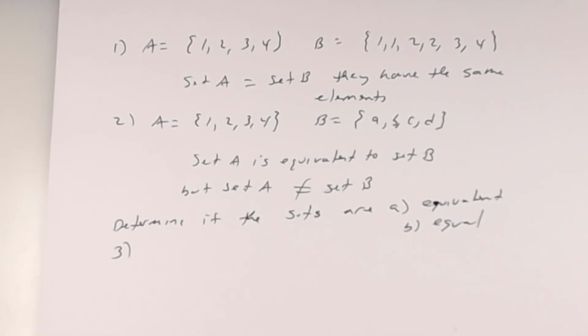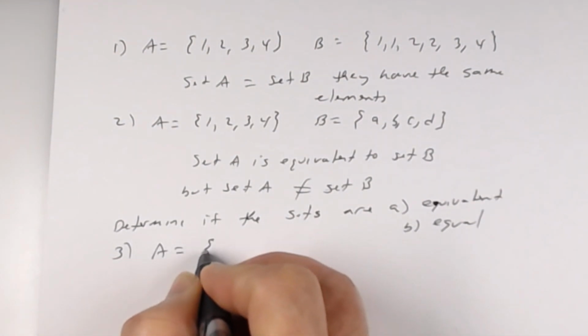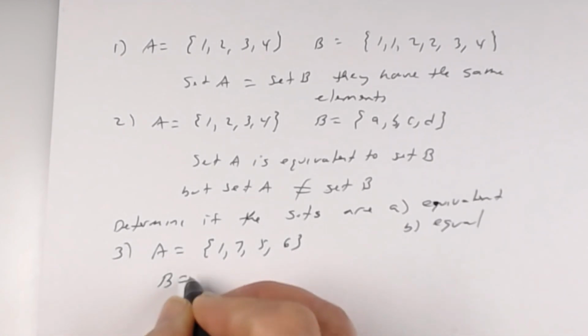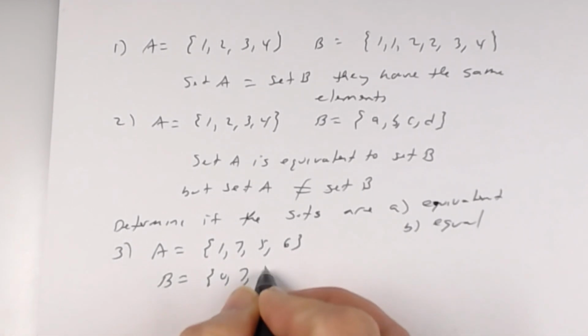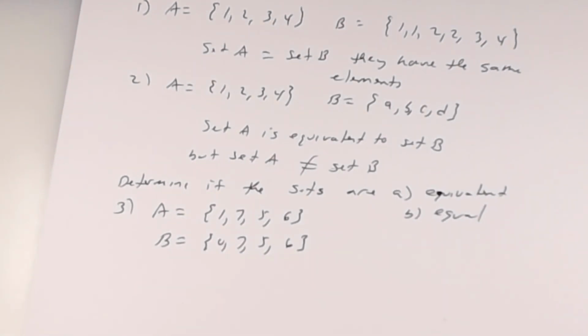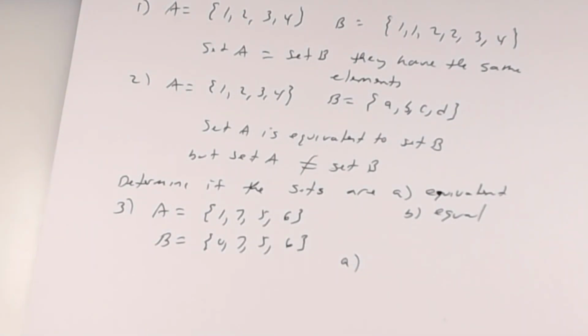Suppose I had this for number 3. I had these two sets. A equals 1, 7, 5, and 6. B equals 0, 7, 5, 6. So I have those two sets, and let's do letter A. Letter A says, are they equivalent? Yes, because they have the same cardinal number, right?